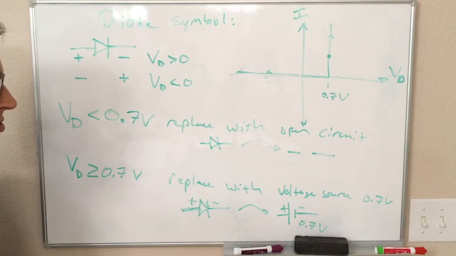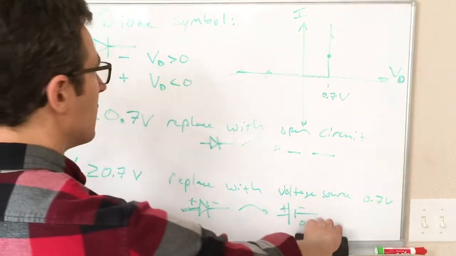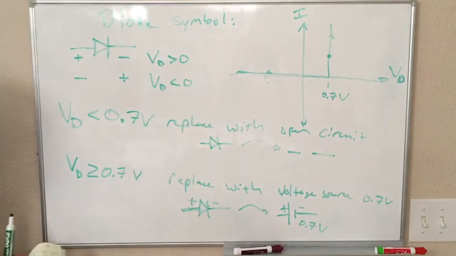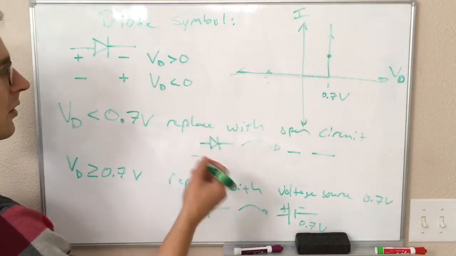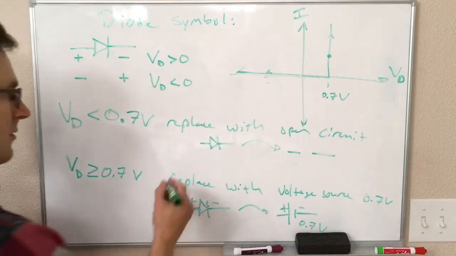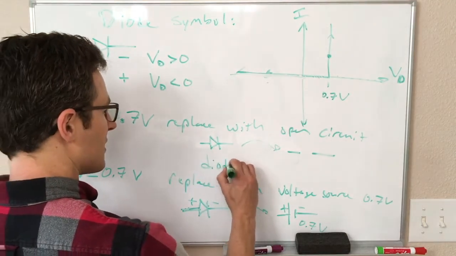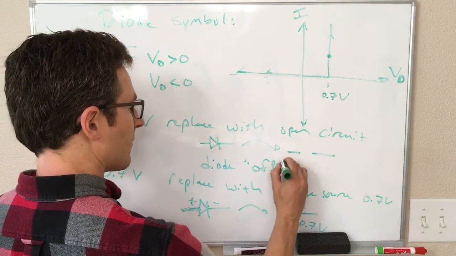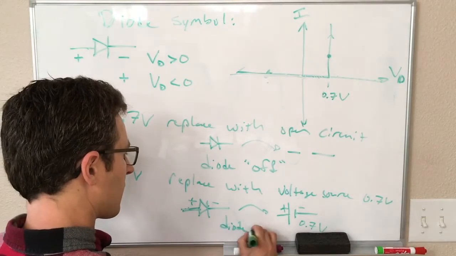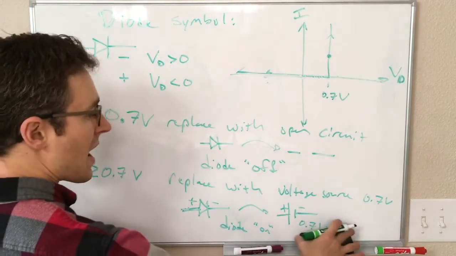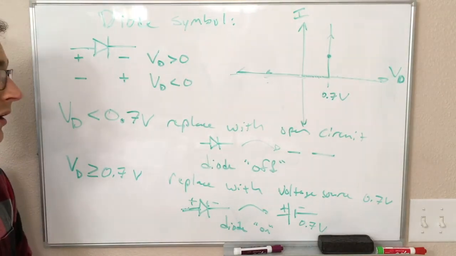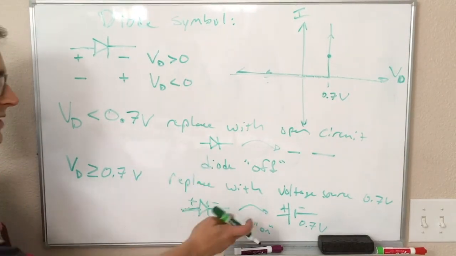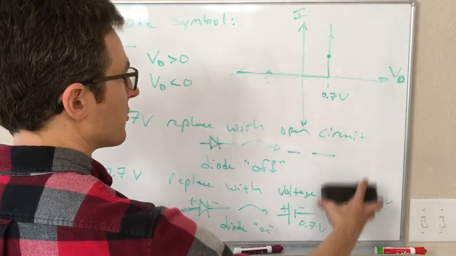So we're going to solve a diode circuit. I guess I should say, because there are these two possibilities, the diode can be on or off. That's kind of our slang for this. When we have a diode in a circuit, one of the first things to do is to determine if the diode is on or off, and that tells us how to proceed.